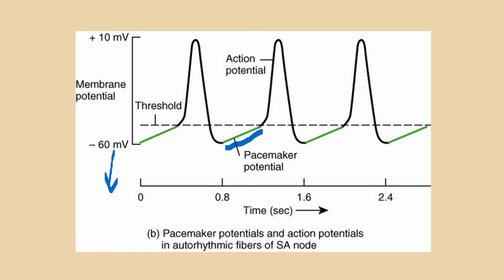That's going to alter the slope of the pacemaker potential. The slope is going to become shallower. So the pacemaker potential is going to extend over time. It's going to have a longer duration. And so in this way, acetylcholine slows heart rate by extending the duration of the pacemaker potential. These heart muscle cells, these autorhythmic fibers, become slower to reach threshold.